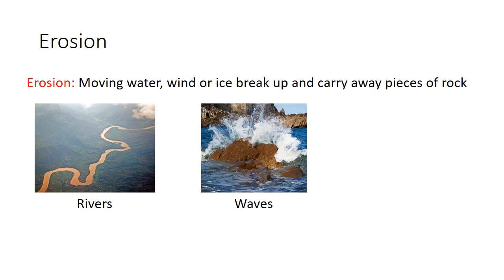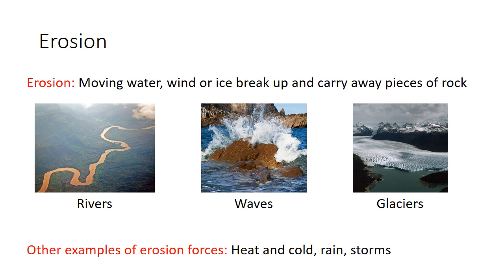Waves also break up rock. They can erode the rock. Glaciers also erode the landscape, just like rivers do. Other examples of erosion forces are heat and cold, rain, and storms.